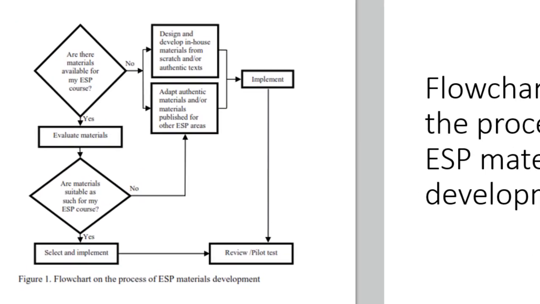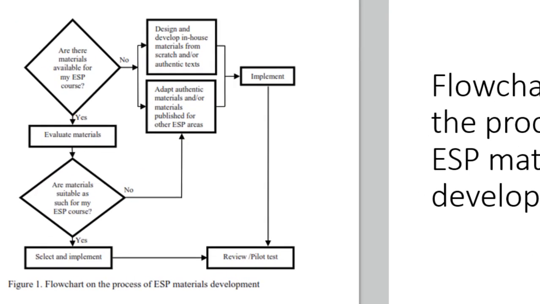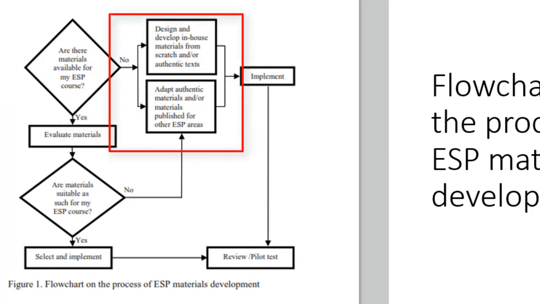All right, so the first step is that you got the question, and the question is, are there any teaching materials available on the market? Then the answer would be yes or no. If the answer is no, you need to design your own book. All right. So on the right side, you can see in the box, you design and develop in-house materials yourself.